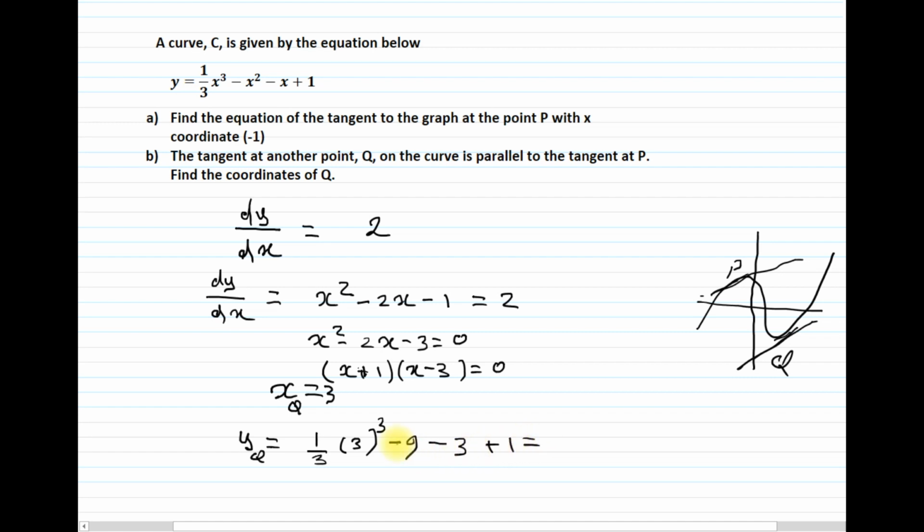And this will equal to 3 cubed is 27, divided by 3 is 9, minus 9 is 0, and minus 3 plus 1 becomes minus 2. So the coordinates of Q, right here, Q has got coordinates of 3 and minus 2.